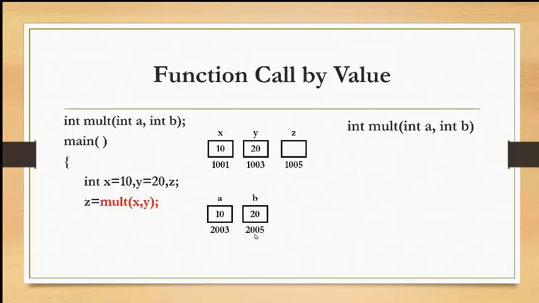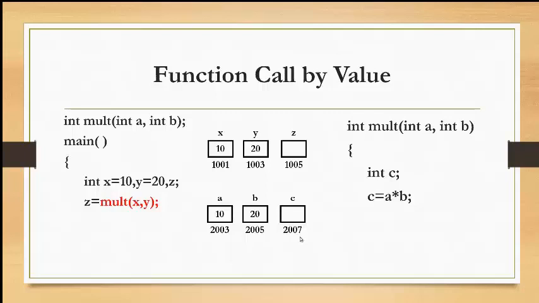Now I am trying to execute the definition of my function. Here I have a variable c that is getting declared as the first statement in my function definition. Immediately a memory space has been created for c, and next the c value is getting assigned the multiplication value of a and b. So the next statement says c is equal to a star b.